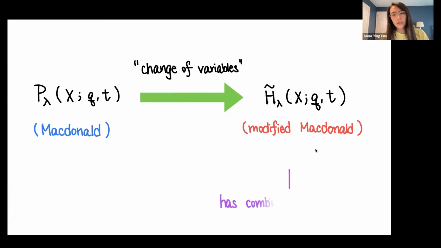First of all, the modified version has a very nice combinatorial interpretation. Secondly, later on I'm going to show you that in the P version you have this ugly coefficient as a rational function when you write it in terms of Schur functions, but in the modified version, the coefficients are actually very nice. So that's why we usually look at the modified Macdonald polynomial.